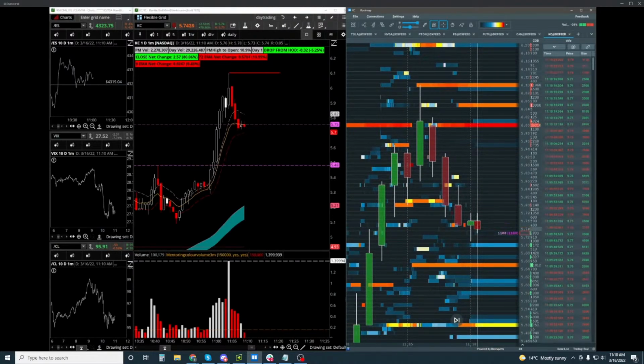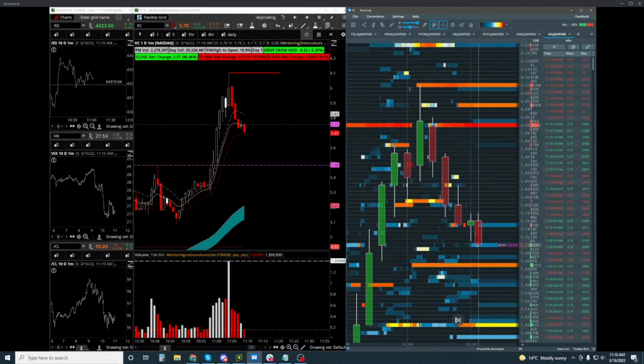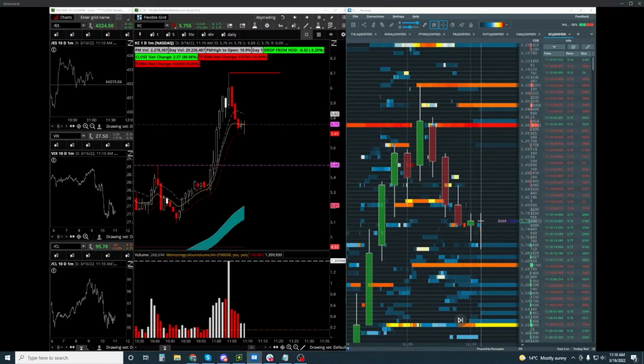Need to see a heat map over here before entering. Still sellers. Look at 572, 569 sellers. They remove over here. Just bought something at 575. Small starter.